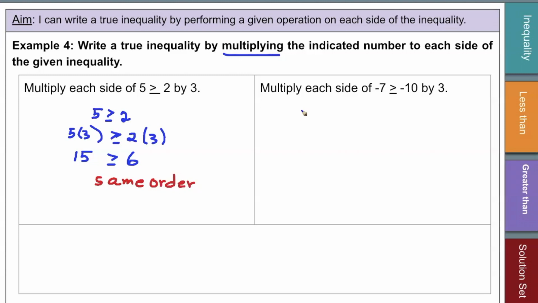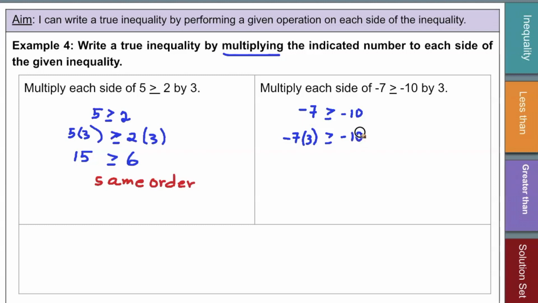What happens if we multiply 3 to inequalities consisting of negative numbers? So multiply each side of negative 7 greater than or equal to negative 10 by positive 3. Negative 7 times positive 3 and negative 10 times positive 3 would give us negative 21 greater than or equal to negative 30. Negative 21 is greater than negative 30, so this is a true inequality.